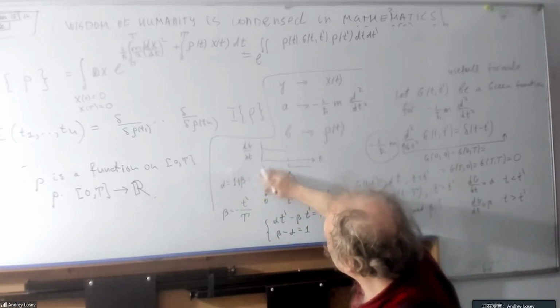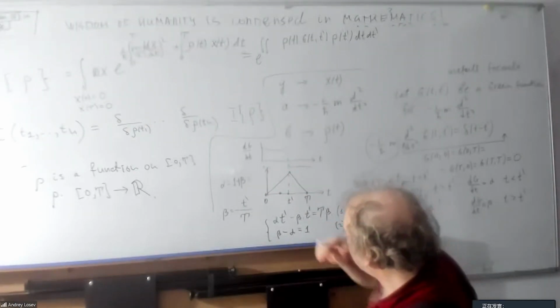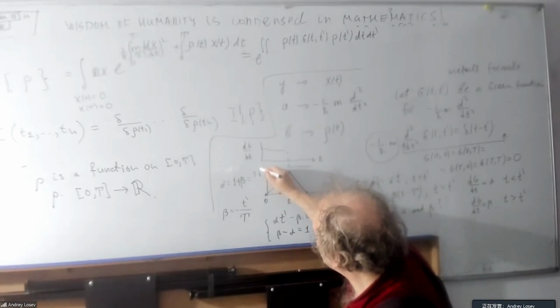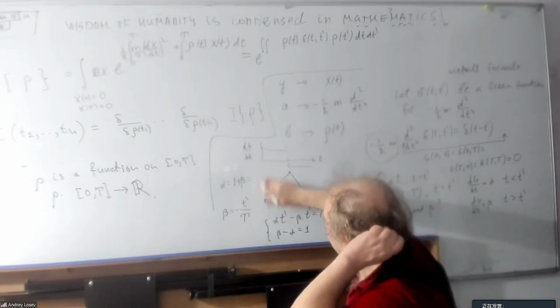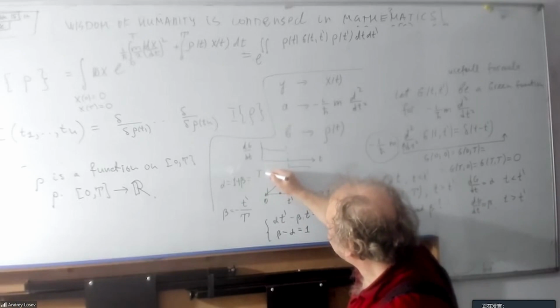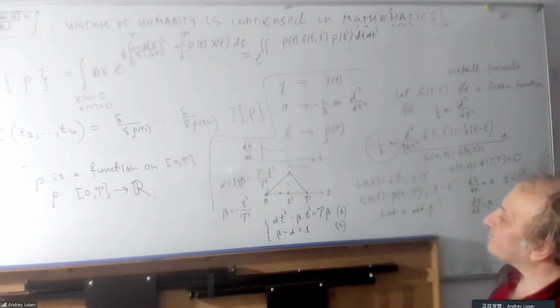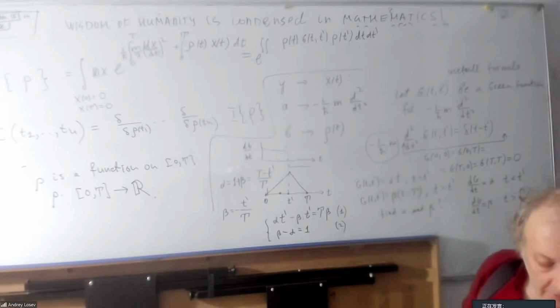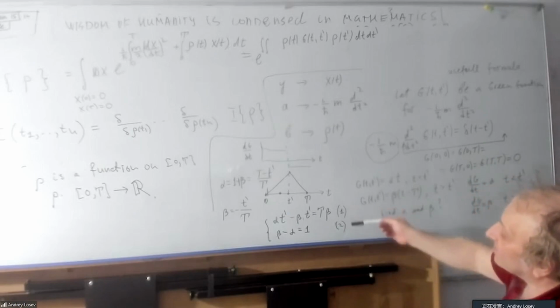So alpha equals T minus T prime divided by T capital. Okay? So I found it.